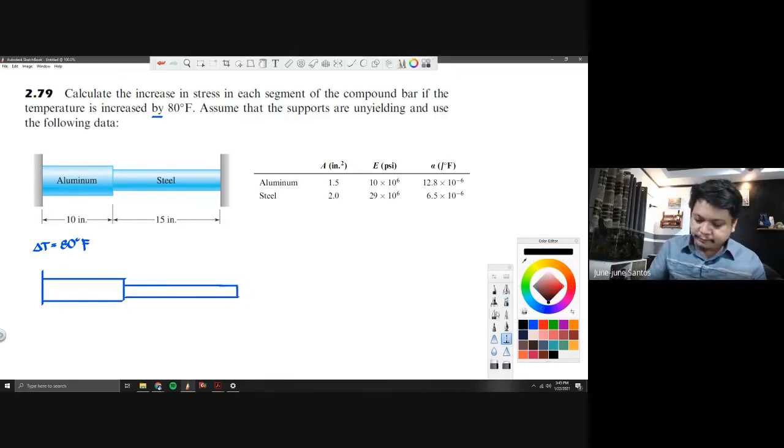No? So, from here up to this point, that is my total deformation. Okay? But technically, that deformation is due to the deformation of the temperature of aluminum plus the deformation due to temperature of the steel. Okay?